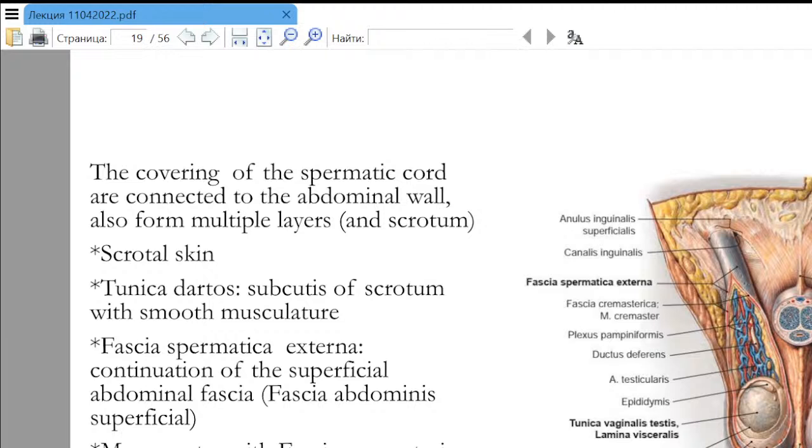Together, these layers form the wall of the scrotum.